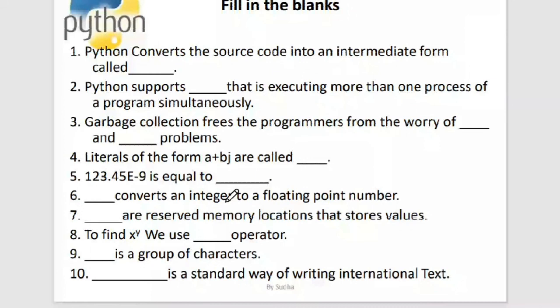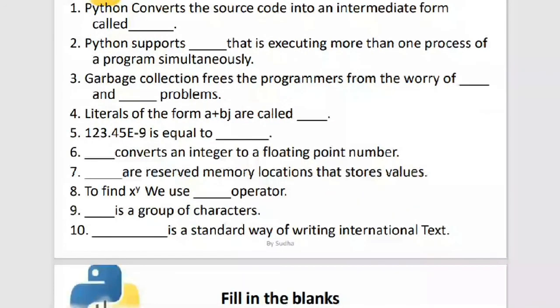Okay. Dash has reserved memory locations that store values. Variables. What is the next one? To find x power y, we use what operator? Exponential operator. How do you represent it?